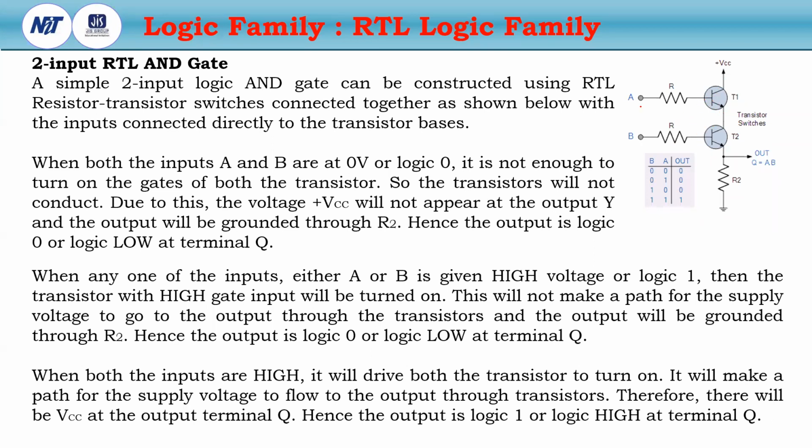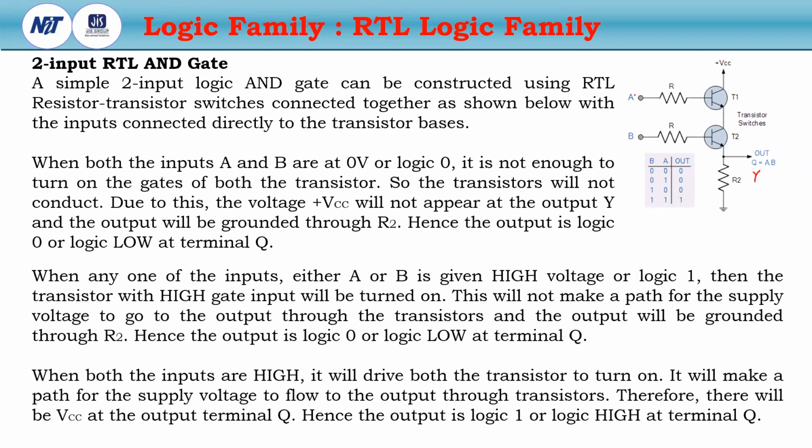If this is 0, then these two transistors are in cutoff mode. Due to this, VCC will not appear at the output Y or Q. The output will be grounded through R2. So the output will be logic 0.